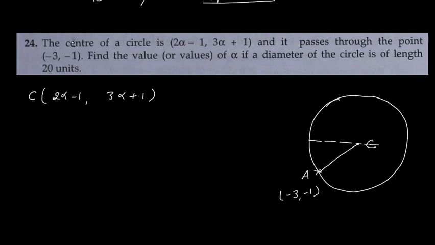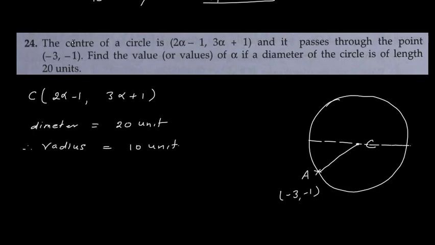So the diameter is of 20 units, this length is 20 units. So what is the radius? The diameter of the circle is of length 20 units, so therefore radius is equal to 10 units.